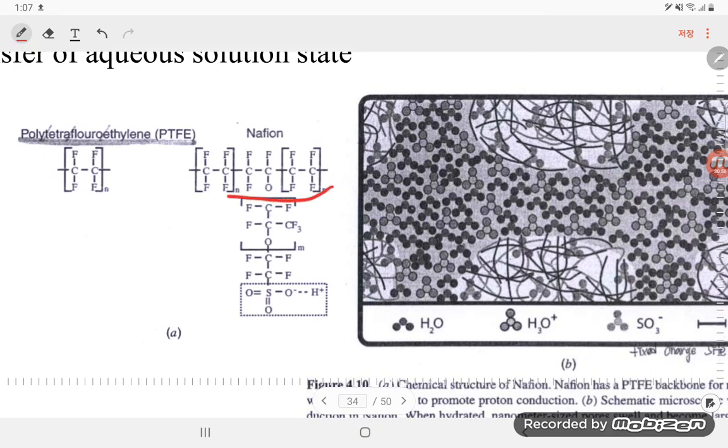The backbone is generally composed of CF. This is Teflon, PTFE, and in the side chain, at the end of the chain, there is a sulfonic acid, which acts as a fixed charge ion site, and this is a moving ion.